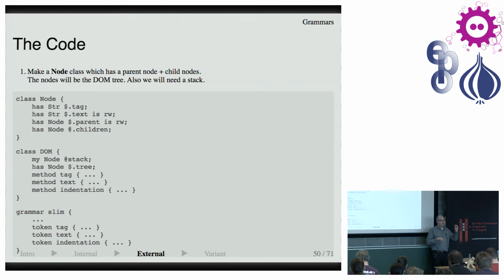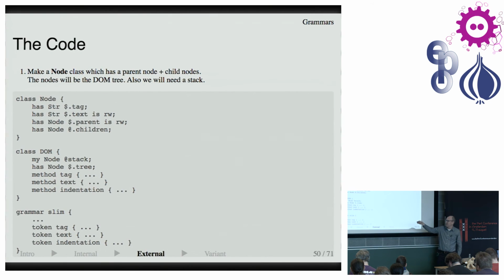IsRW means that there's going to be a read-write accessor, and we need that for text because we're setting the text after we put it on the stack. And then we have a parent, which is another node, and we have an array of children. So this is a data structure which is a tree, and you have pointers in both directions, right? You have a pointer to your parent, and you have an array of children.